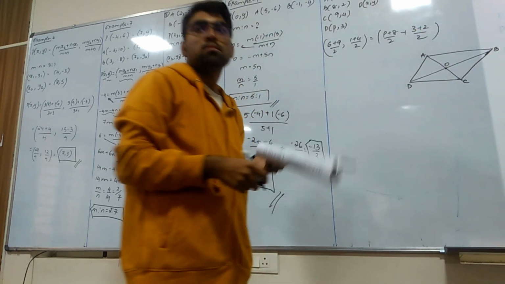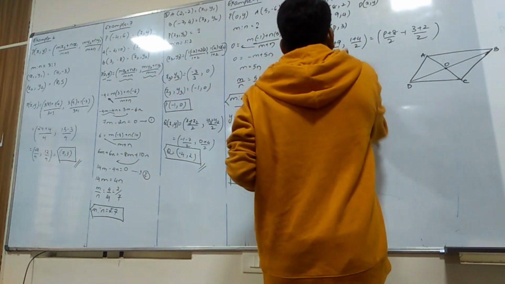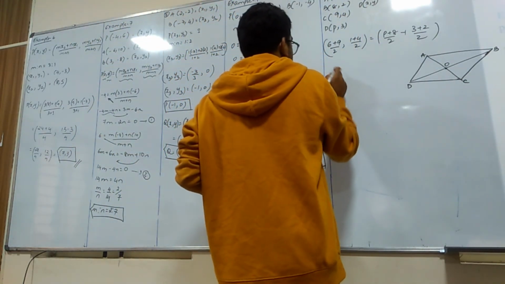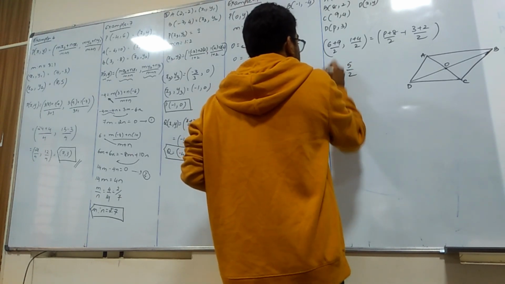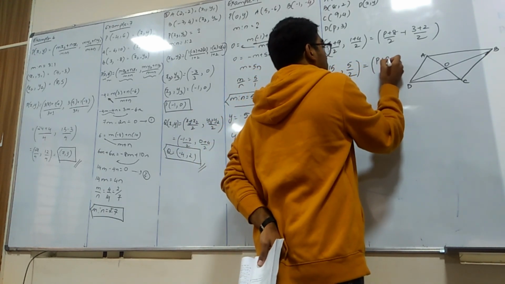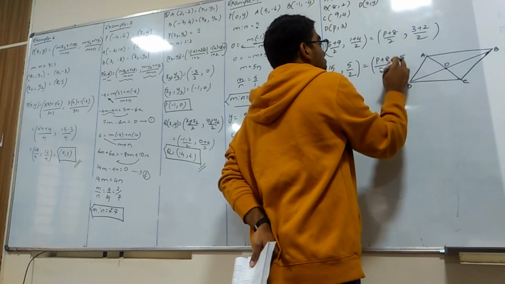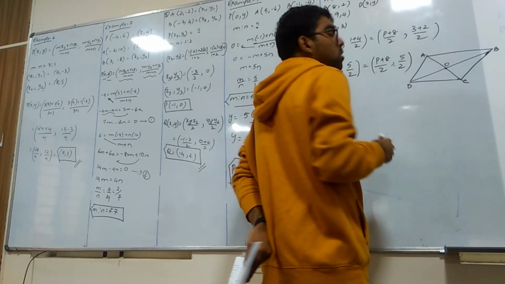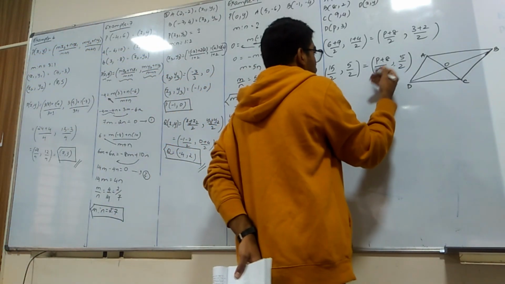Yes? Okay. So here, if I simplify, 6 plus 9 is 15 by 2, 5 by 2 is equal to P plus 8 by 2, 5 by 2. Now 5 by 2 is there on both sides.